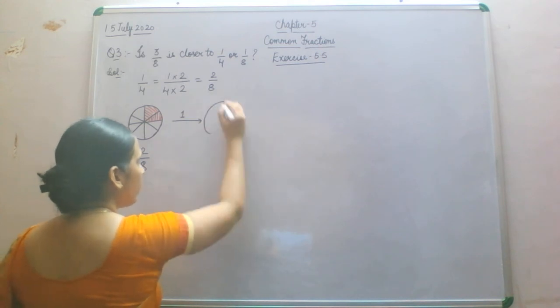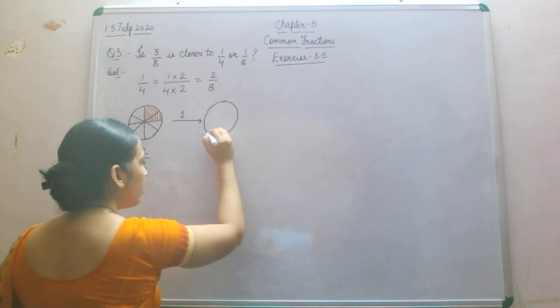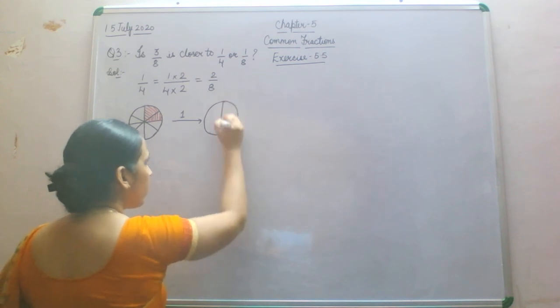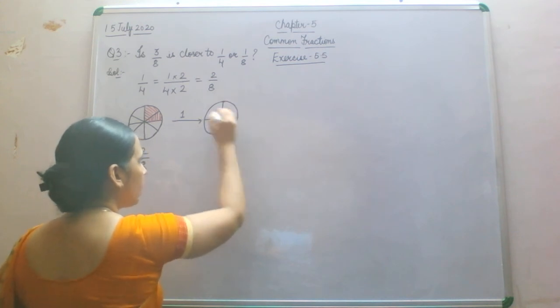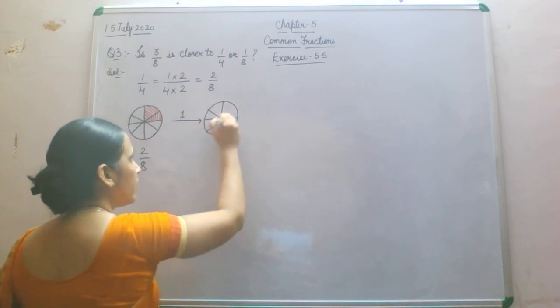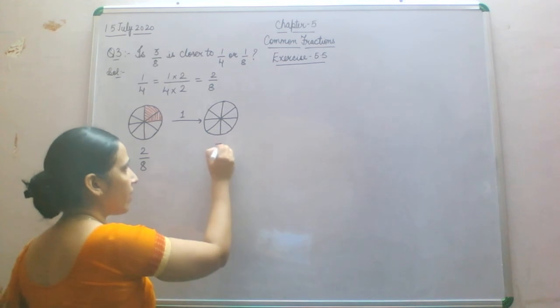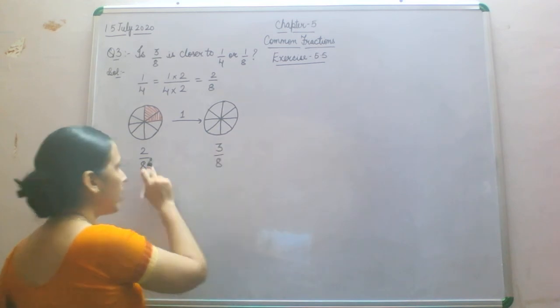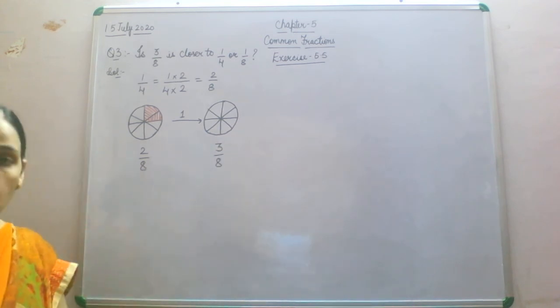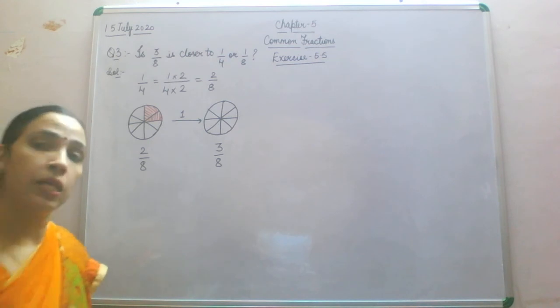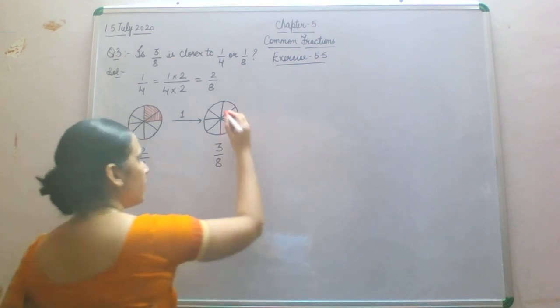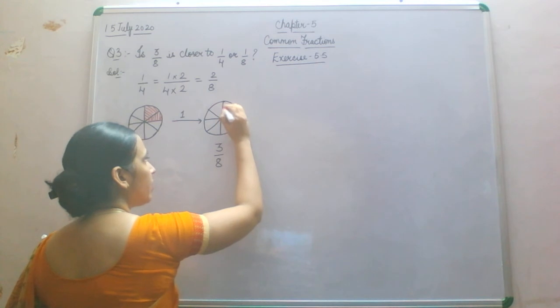Again we will draw a circle and divide it into 8 parts. After dividing it into 8 parts, what is the next step? We will represent this fraction, which is 3 by 8, because we are adding 1 by 8 in this. So how many portions will we shade? 3 parts. So we will shade 3 parts here.